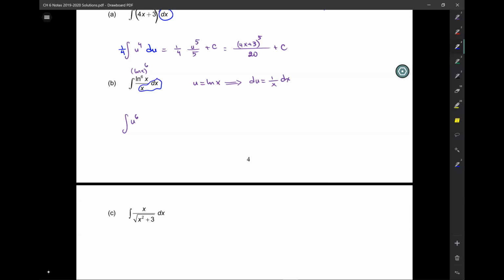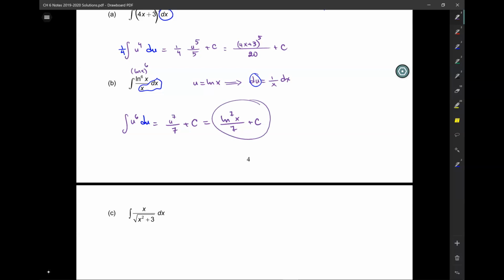And what's dx over x? That's just du. You see how nicely it all fits together? So u to the 7 over 7 plus c. ln x to the power of 7 over 7 plus c.